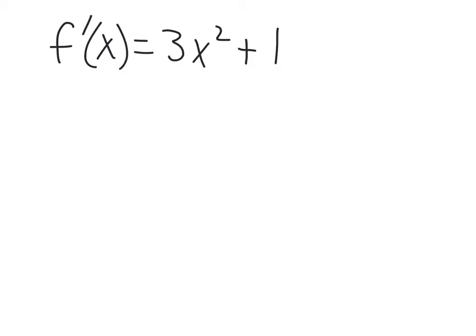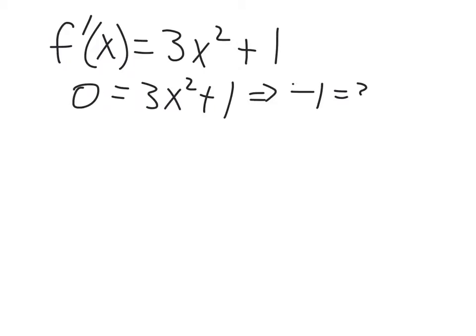Rolle's theorem says somewhere in between c1 and c2, there's a derivative that equals 0. But what's going to happen as we try to show what x value makes the derivative equal 0?